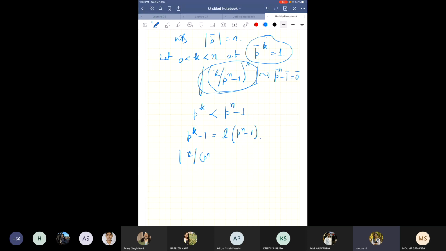Okay. This order is nothing but phi of p to the power n minus 1. And the order of p bar is equal to n. This implies that n divides phi of p to the power n minus 1. Okay.